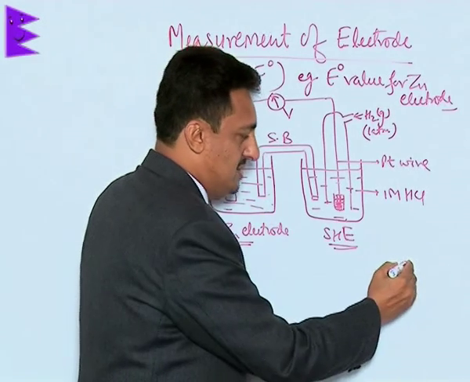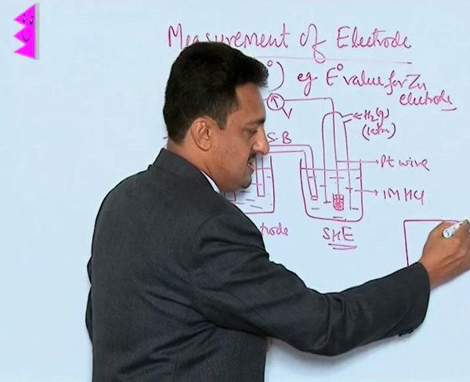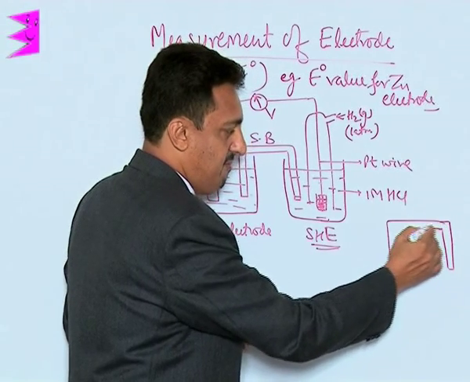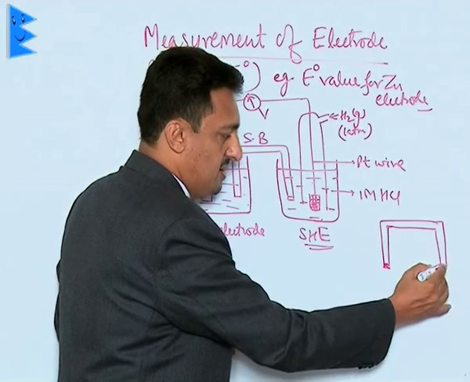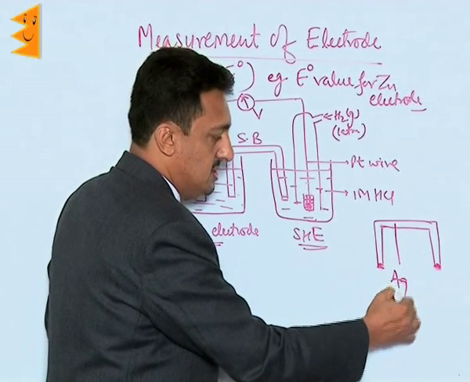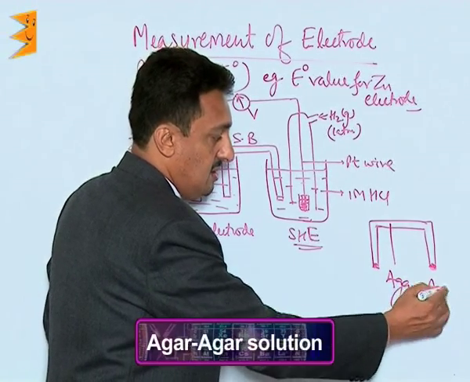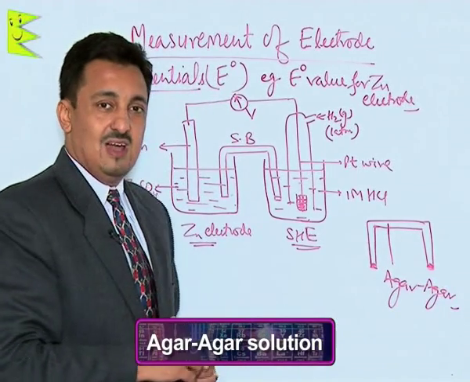Salt bridge, you must know, is basically a delivery tube which is bent in a U shape. Its ends are plugged with cotton, and in this we have agar gel.